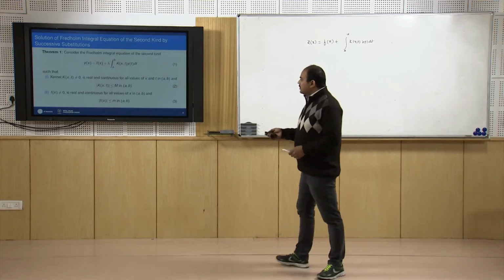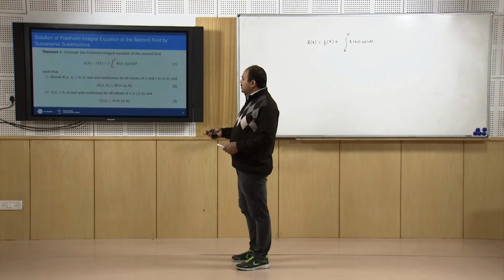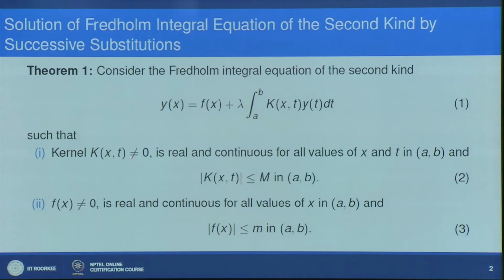Here we are assuming that this kernel k of x,t is non-zero, real and continuous for all values of x and t in this interval a,b, and also we are assuming that k of x,t is bounded by this capital M for all values of x and t in this interval.